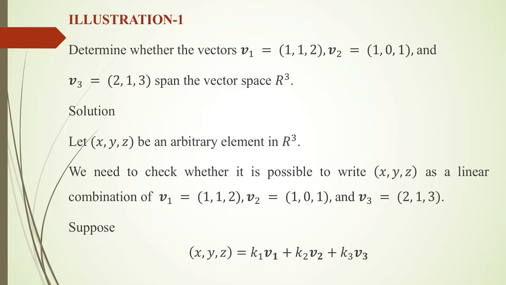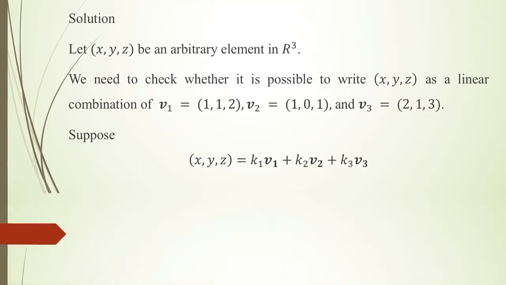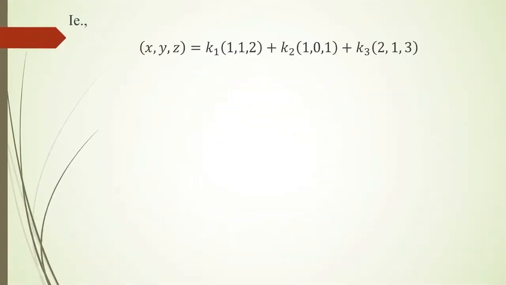Now vector v1 is 1, 1, 2, vector v2 is 1, 0, 1 and vector v3 is 2, 1, 3. So I can write this xyz as k1 times 1, 1, 2 plus k2 times 1, 0, 1 plus k3 times 2, 1, 3. k1 times 1, 1, 2 is k1, k1, 2k1, and this will be k2, 0, k2, and this will be 2k3, k3, 3k3.